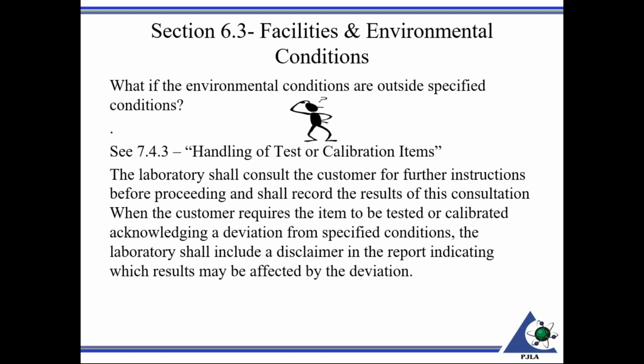So as you can see here, our discussion needs to be held with the customer. The customer has to agree to proceed, even though you are out of your specified environmental criteria. And this is also captured in 7.8. That deviation also would need to be put on the report of test or calibration that you provide that customer.